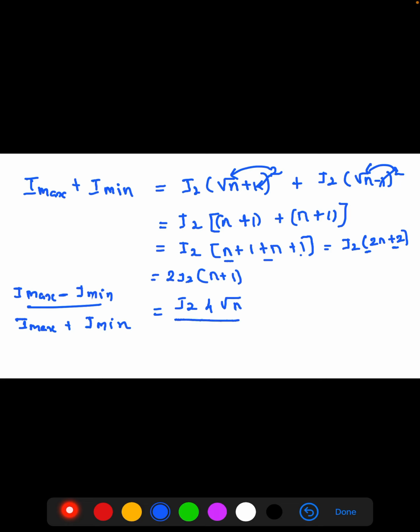We found I max plus I minimum is 2 I2 into the bracket n plus 1. You can cancel this I2, and 2 2s are 4. So the final answer will be 2 root n by n plus 1. Am I clear?